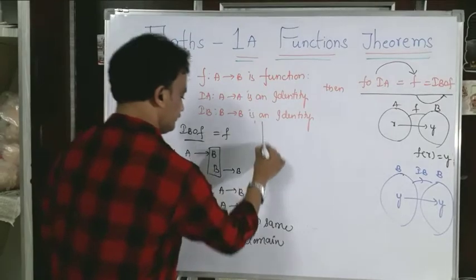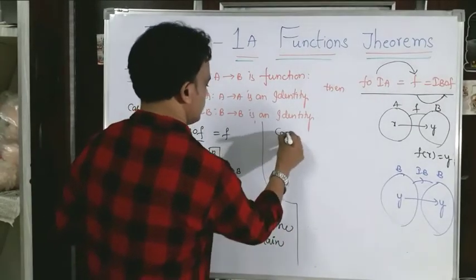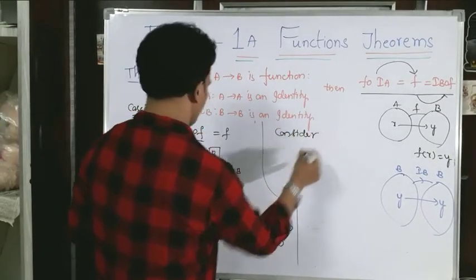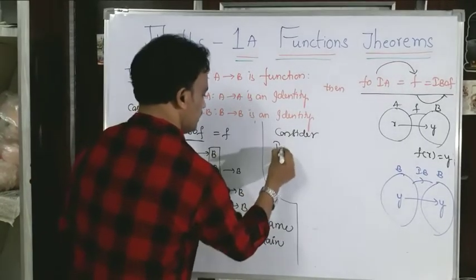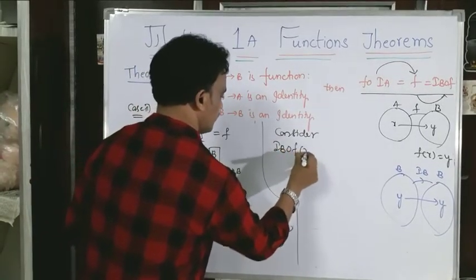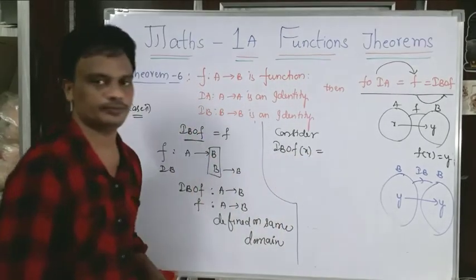Now we are going to prove that their range is also equal. Consider IB circle F, which is defined from A to B. IB circle F of X equals, why?